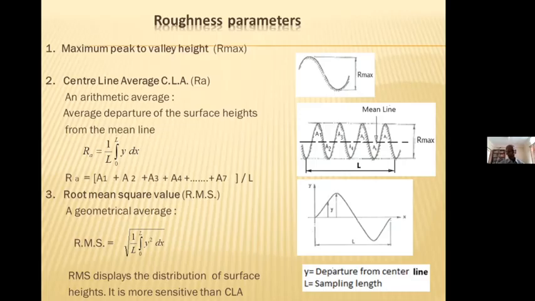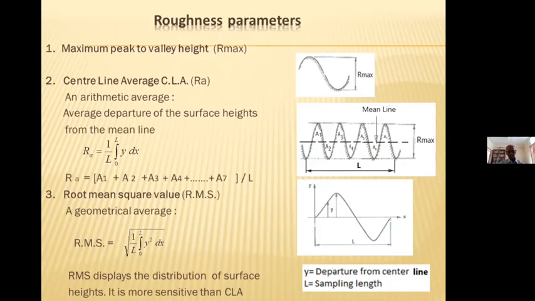But let me tell you very clearly that this parameter is not of much use. You can have many surfaces with the same R max, but of different nature. Suppose the valleys and the peaks are closer together or far apart, then the surface will be different, but you'll have the same R max.